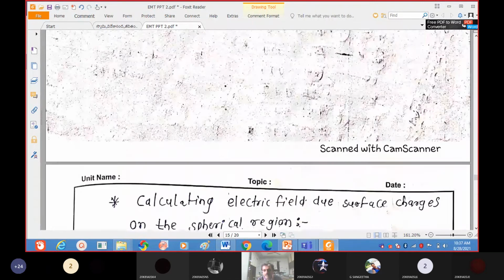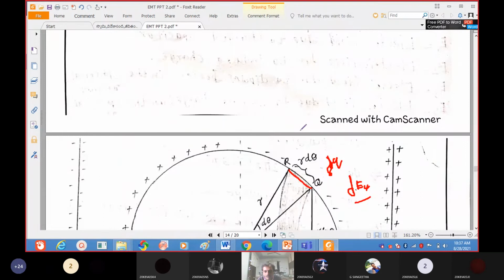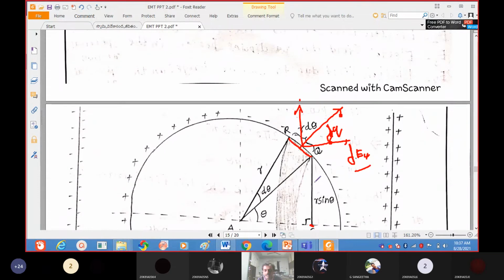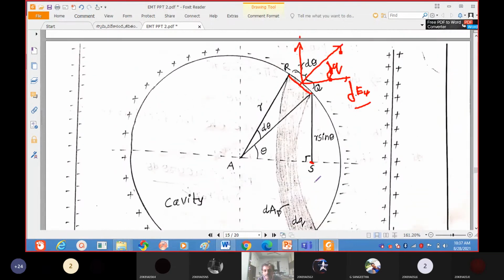Polarization occurs with some horizontal value and some vertical value. So what is the direction of polarization? The polarization direction will be like this. That polarization is divided into two components: one is the vertical component, and another is the horizontal component.